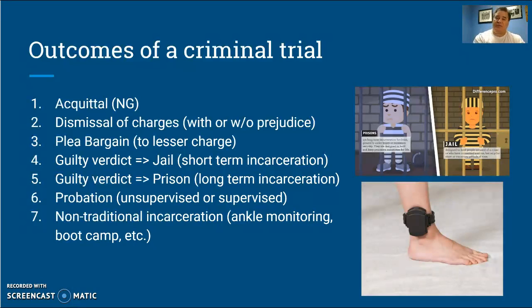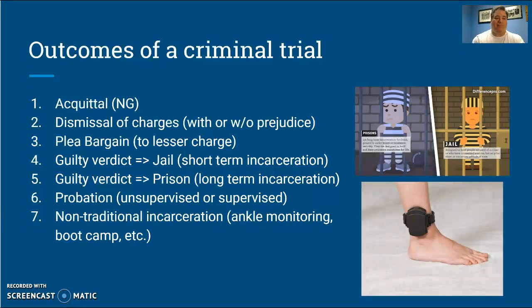A guilty verdict could also result in probation, where the court says, okay, we found you guilty, but you're a first-time offender. This is the first time you've ever been in court accused of a crime. Rather than throw you in prison, we're going to establish probation.